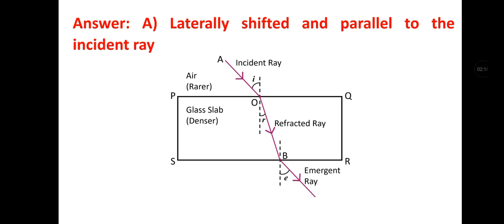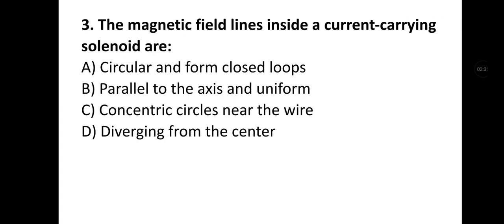So the incident ray and the emergent ray are parallel. So laterally shifted and parallel to the incident ray. The emergent ray will be parallel to the incident ray and it is shifted. So the answer is option A.